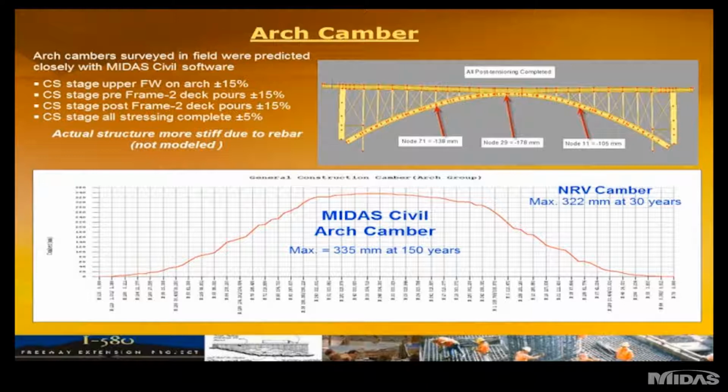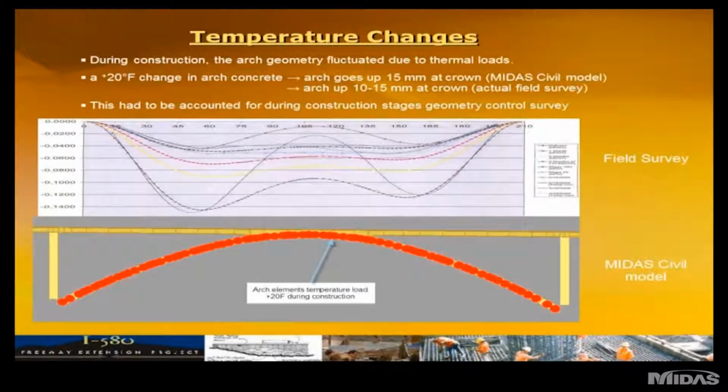Keep in mind that the actual structure was more stiff due to rebar, which wasn't utilized in the model. Temperature changes of the arch, as I mentioned, with the different survey times, made it impractical to survey before sunrise each time.